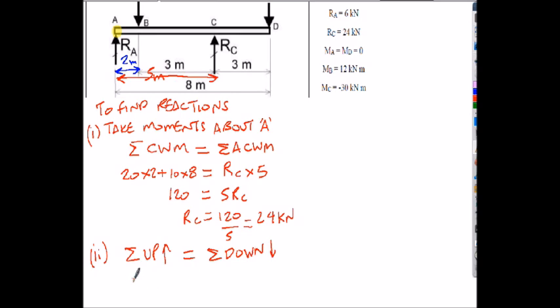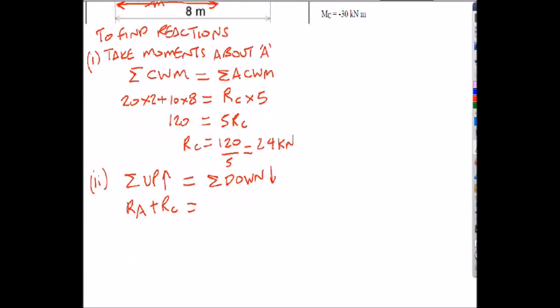Upwards we would have RA plus RC, they're both going up, and downwards, looking at the diagram above, we would have 20 and 10. So 20 plus 10. We already know that RC is equal to 24, so it would be 30 take away 24, and I rearrange my equation, so RA is equal to 6 kilonewtons.